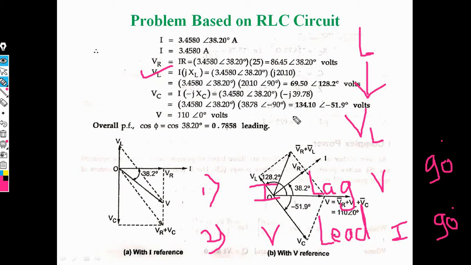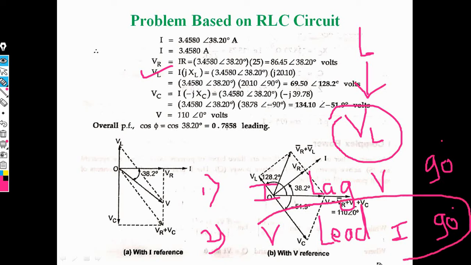This is for VL. Then we take plus 90, because lead means plus 90, since the voltage across inductance is led by the current by 90 degrees.